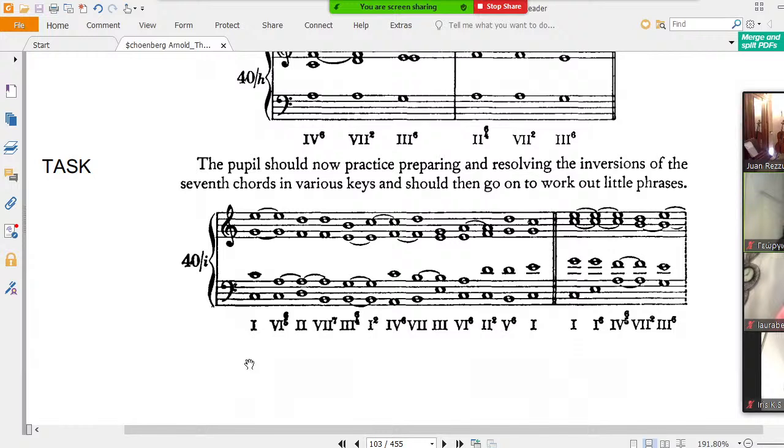Now, on top of that, because our mind has to be in everything, at least at the beginning of the exercise, include a tonic prolongation, using whatever 6/4 chord you want, passing, neighboring, whatever.